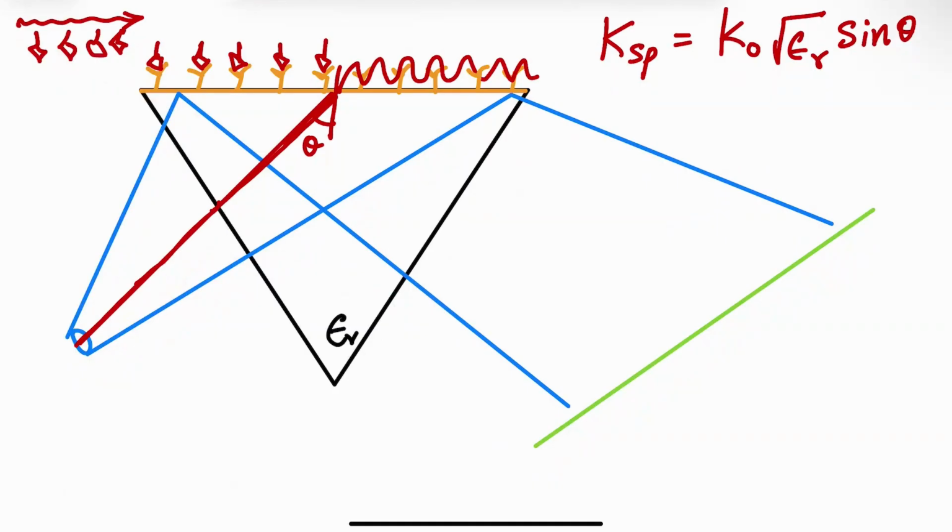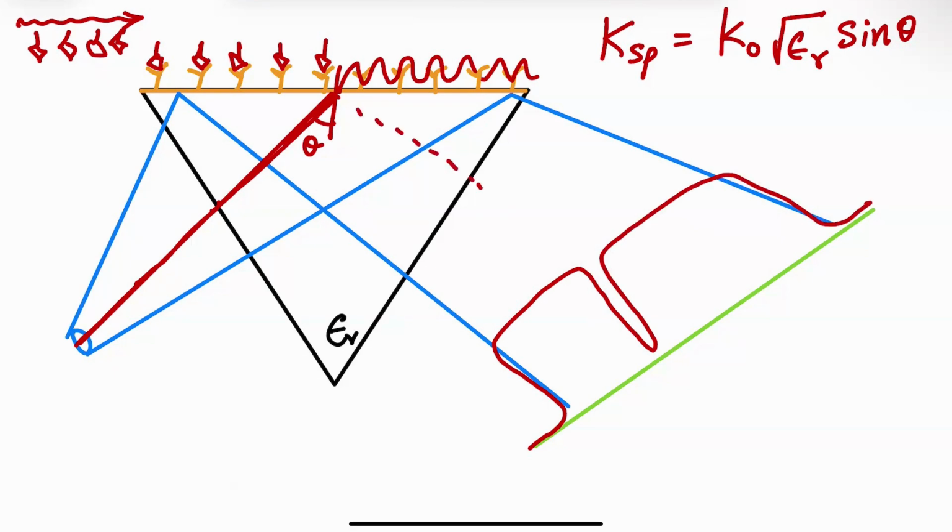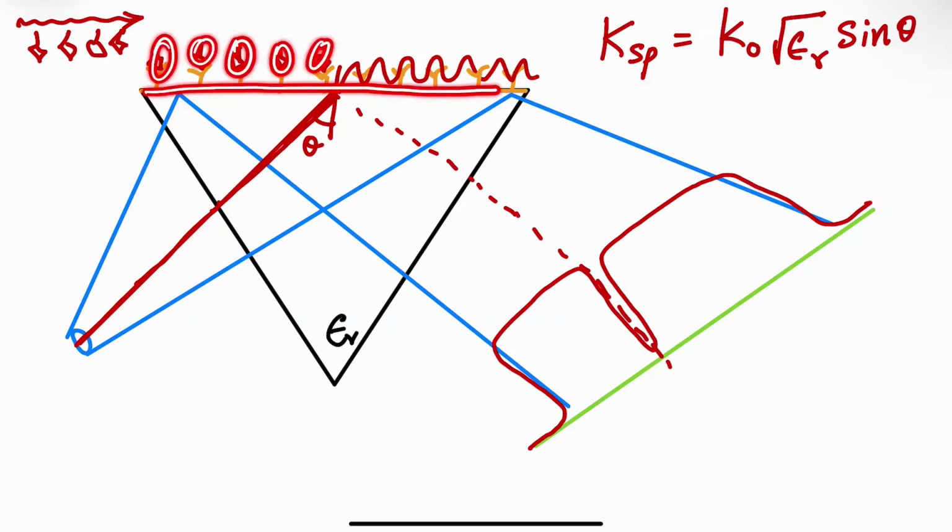So if you actually look at the power that is measured on this side, a lot of power is measured here, and there's a big dip in the measured power, and then again it goes up. And this dip corresponds to this angle. Okay, so essentially when these molecules bond, they change the dielectric constant that this surface sees slightly.